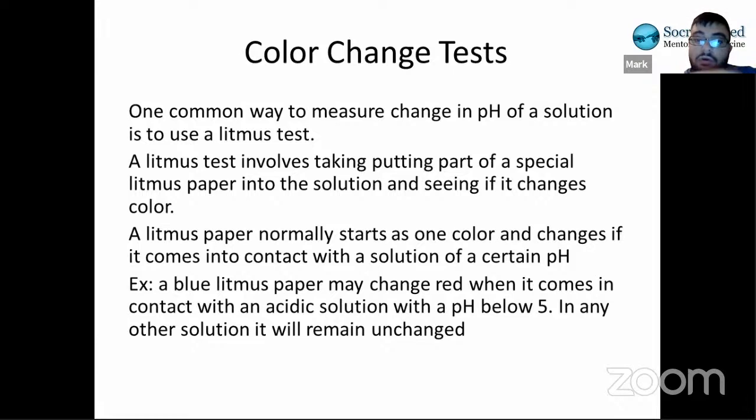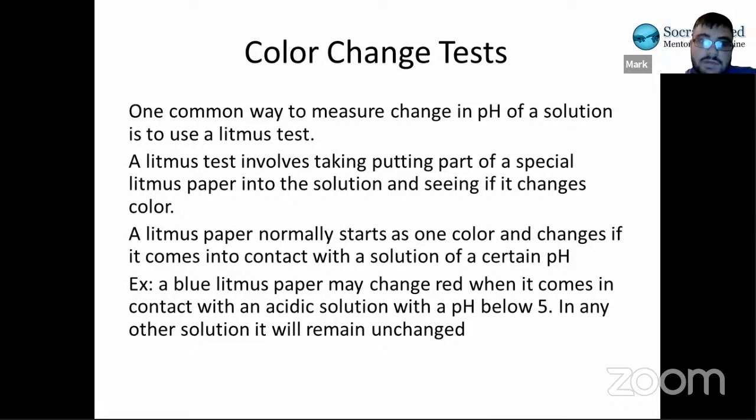So a litmus paper normally starts off as one color, say red, if you had red litmus paper, and then, I have an example here, if you had blue litmus paper, if it comes into an acidic solution that has a pH below 5, when the blue litmus paper comes in contact with the solution, it will change color to red.